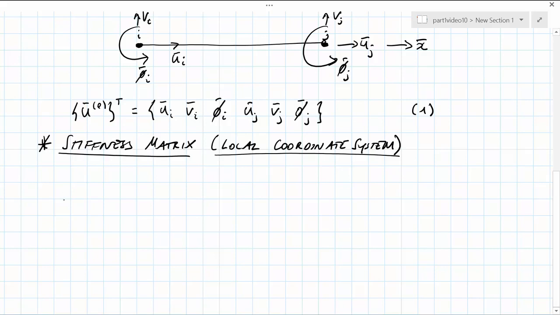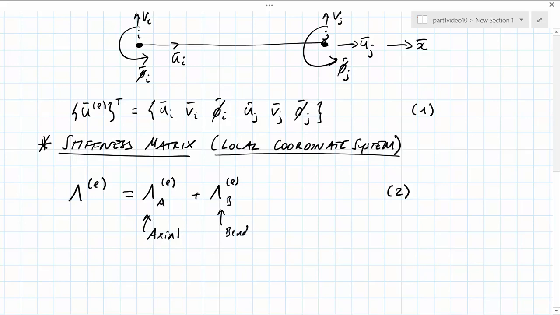For a plane frame element, the stiffness matrix is given by the axial and bending strain energy contributions. So we may write that the elastic strain energy, lambda E, is equal to lambda E subscript A plus lambda E subscript B, where lambda E subscript A is the axial strain energy and lambda subscript B is the bending strain energy.